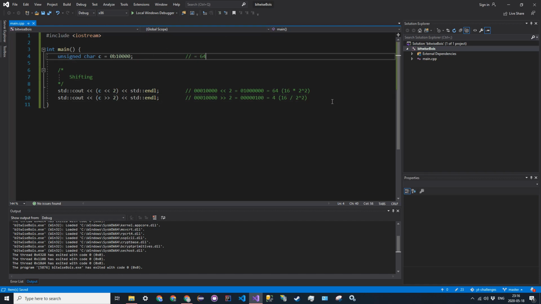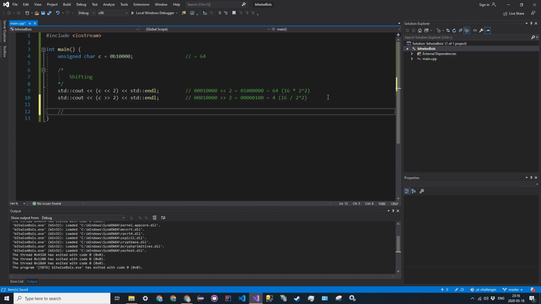All right, so that's shifting. One note about shifting is that there isn't out of bounds stuff. If you run out of memory in a type, it will just chop it off. So let's say that we set c equal to 0b10001001, like that. That's 137, I believe.